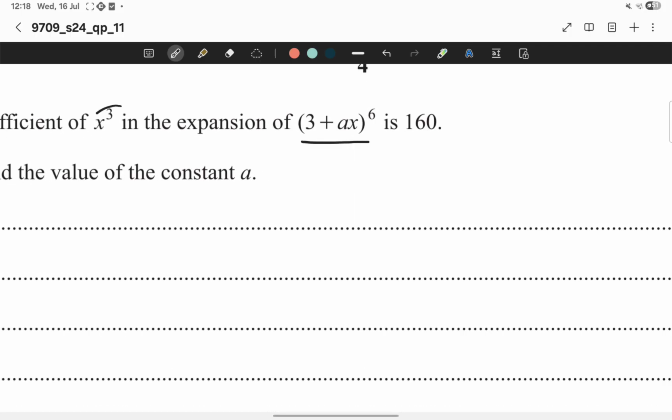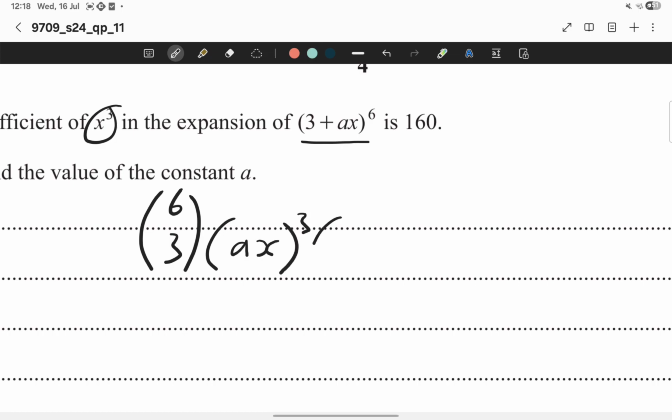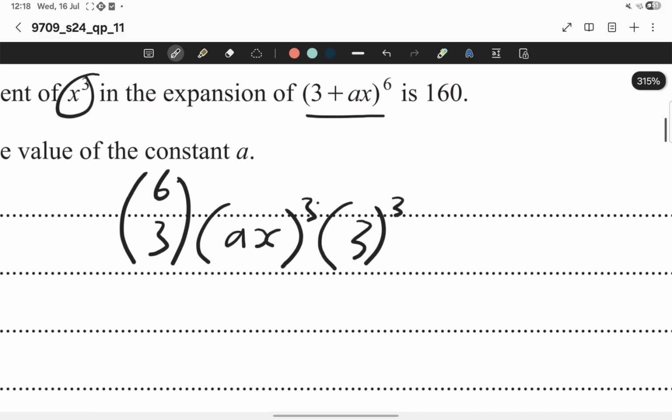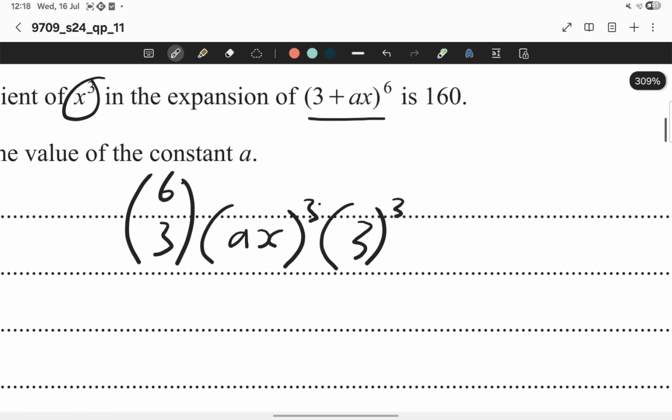For us to get x to the power 3, we say 6 choose 3, then our ax to the power 3, then our 3 to the power 6 minus 3, which is 3.